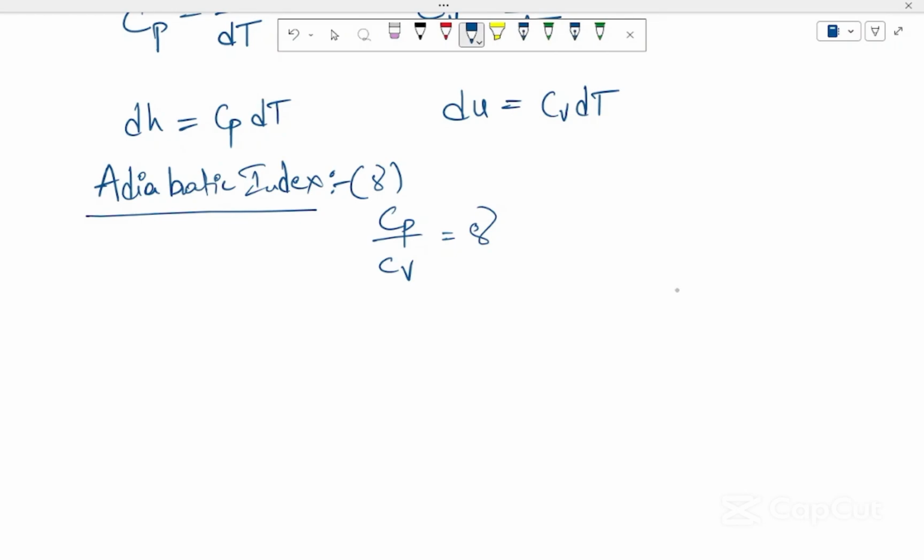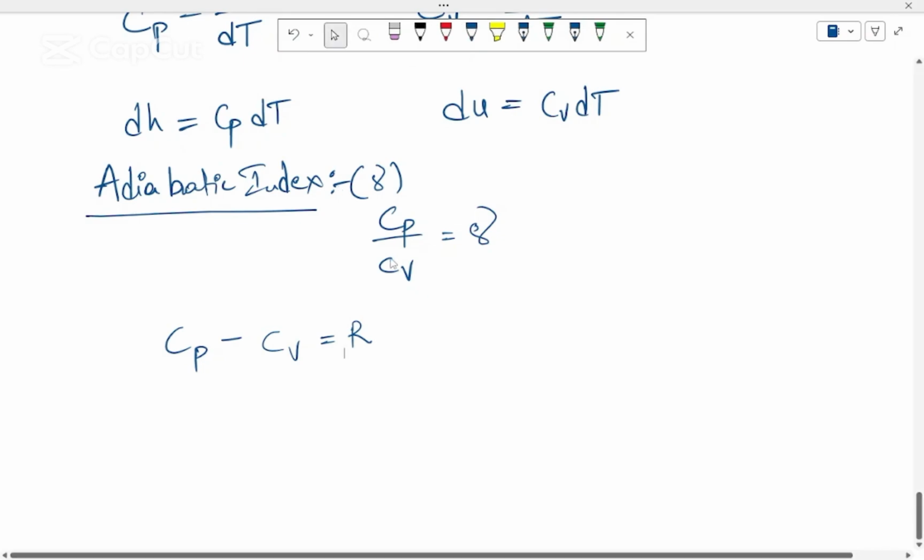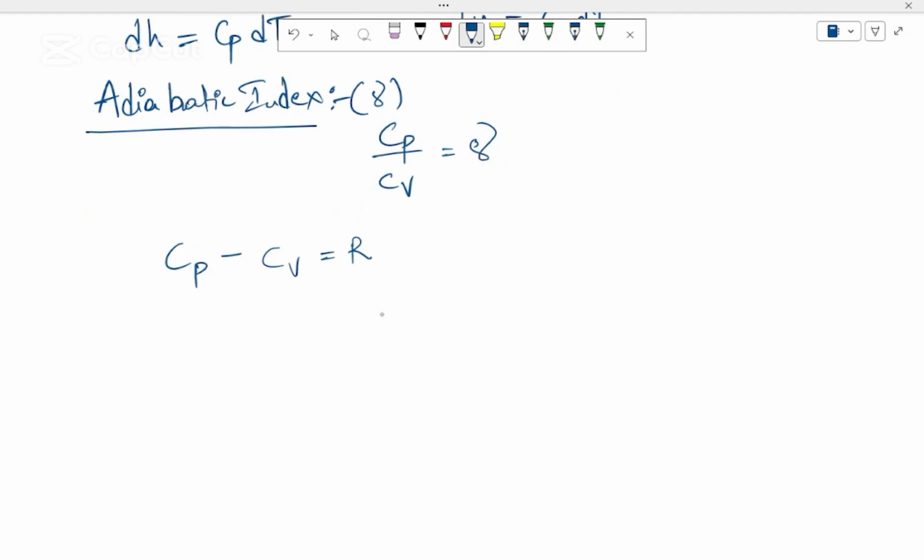Now, based on this, we should also relate your particular gas constant here. If you want to relate it to the particular gas constant, Cp minus Cv will be equal to R. So based on this, you can have the R value written in various forms. The R value will be equal to Cp into 1 minus 1 by gamma.